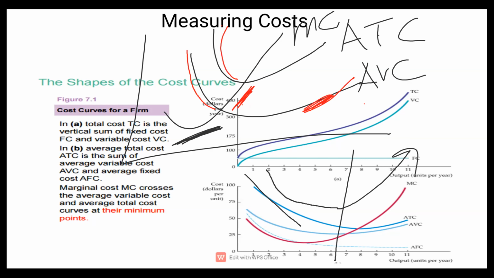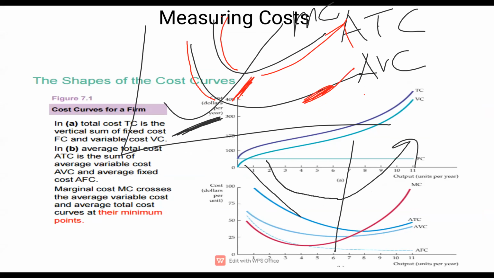Immediately it crosses the average total cost, the average total cost is pulled upward. So basically, it will end up forming the U shape that you are seeing. Is the class fine with the brief explanation?